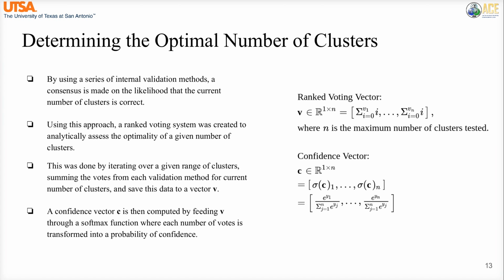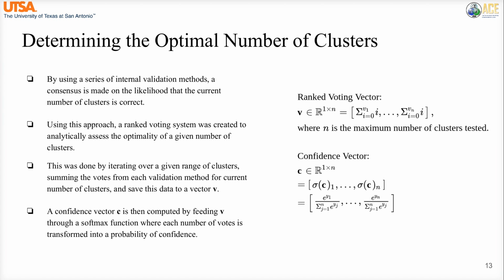So we took a series of internal validation methods and created a consensus of the likelihood that the current number of clusters is correct. Basically, we just iterated from one cluster to n clusters, and then took all of the internal validation methods to try to get a consensus.